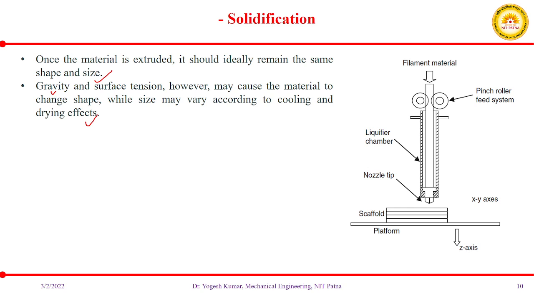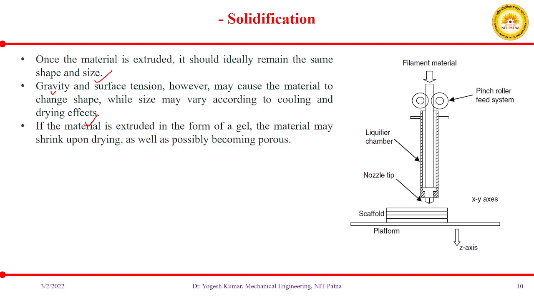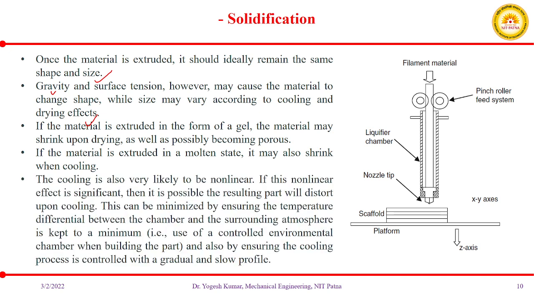The size may vary according to cooling and drying effect too. Suppose you are using rapid cooling, then these effects may be very high. If the material is extruded in the form of gel, the material may shrink upon drying as well as possibly becoming porous. If the material is extruded in a molten state, it may also shrink when cooling. The cooling is also very likely to be non-linear.